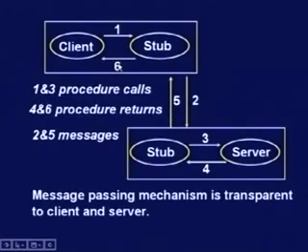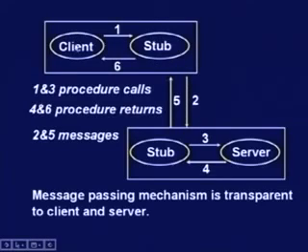This is one machine, the client machine, and this is a remote machine, the server machine, and they do not have any shared memory. This is the network through which the client is connected to the server. The client does not talk directly with the server, it has a stub. Similarly, the server has a stub which does the actual talking.